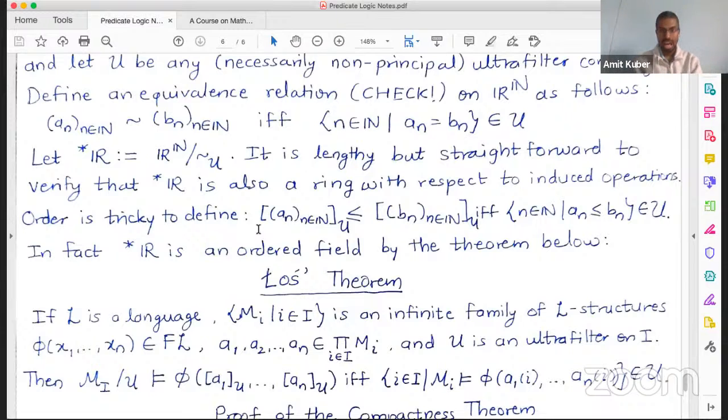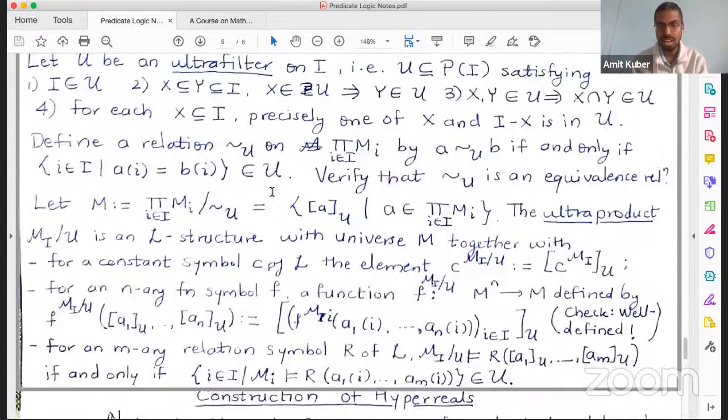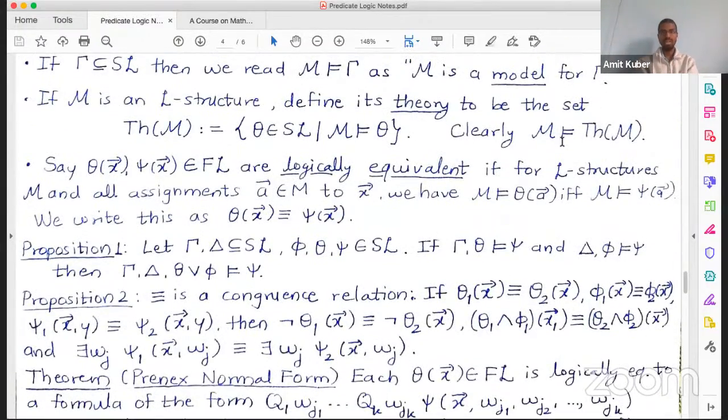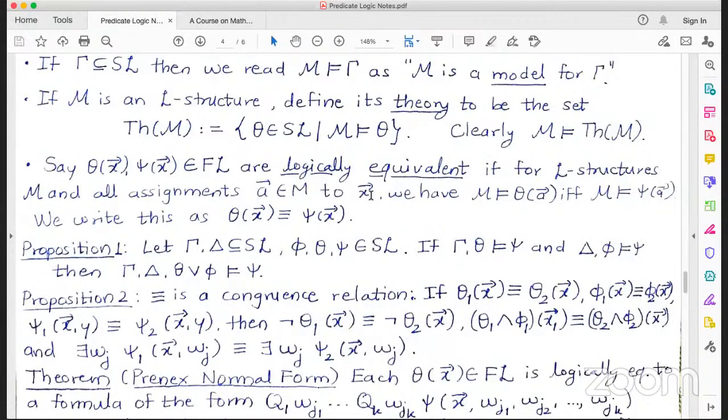Okay. Because you asked this question, I will go back a little bit. Look here. If you take the theory of M, which means all the first order sentences which are true in M, then M is one of the models. Just now we gave an example of a model of the theory of real numbers which is not the real numbers. So star R is also a model of the theory of real numbers. Is the theory of hyperreals bigger than the theory of reals?